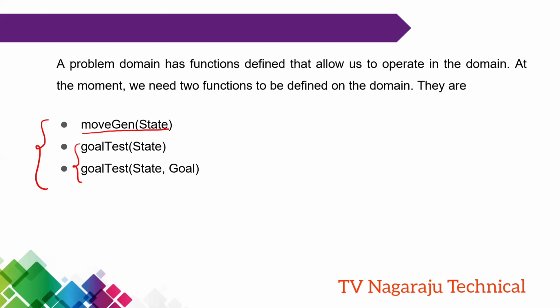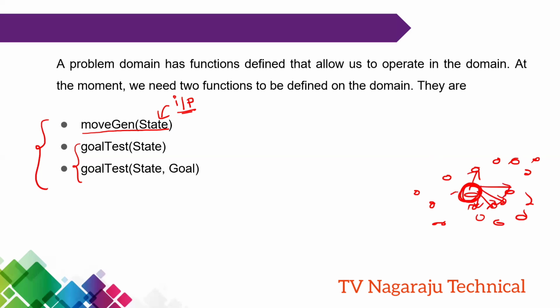The function is MoveGen, where whatever we are providing is the input state. For example, assume these are my data points, and assume this is my current input state. Now, what does MoveGen do? It simply takes this state as the input and returns the set of states that are reachable in one step.